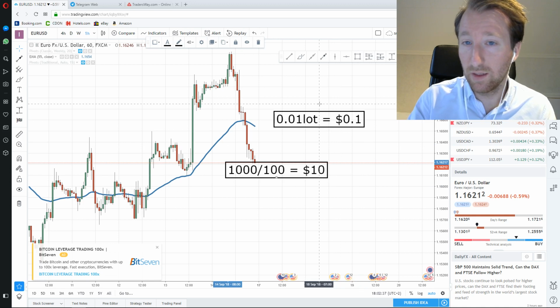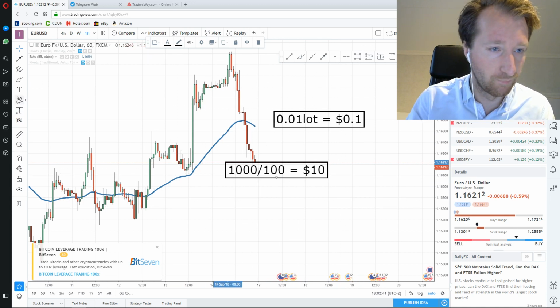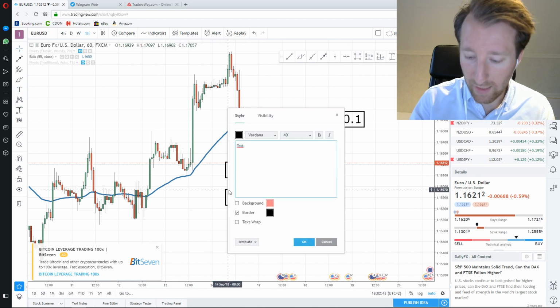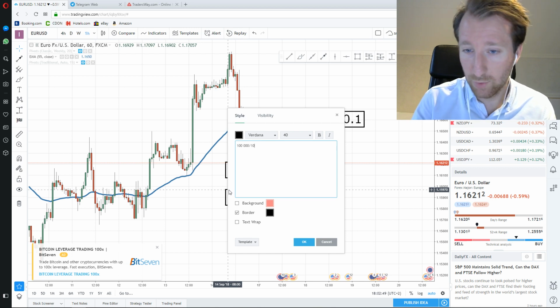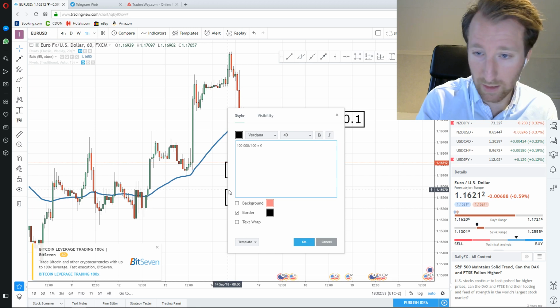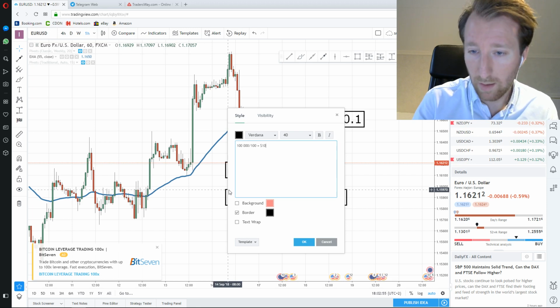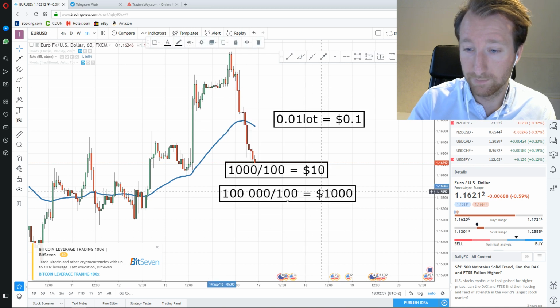But if you then have 100,000, which is one lot, and you have 100 to 1, that means that you need, at any given time, minimally 100,000 US dollars in your account.